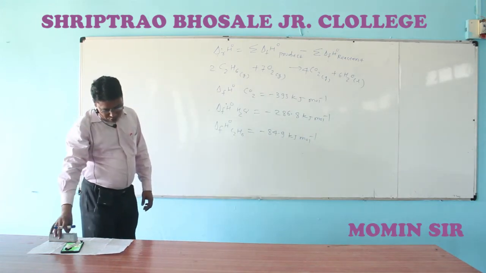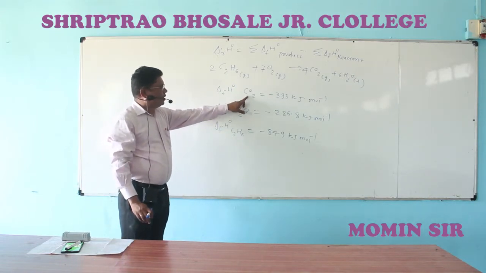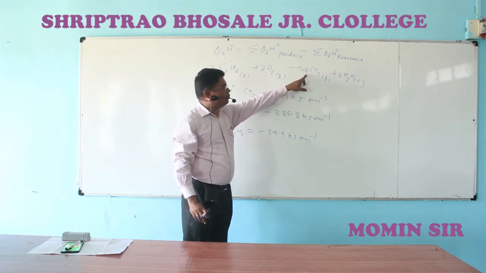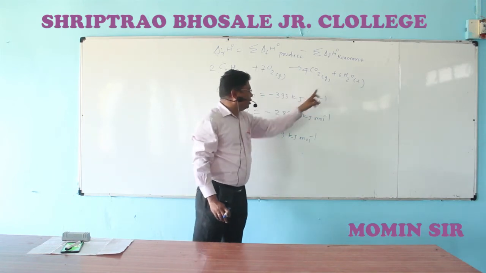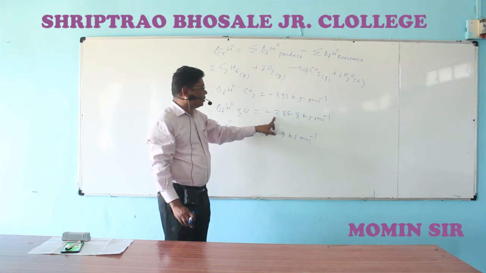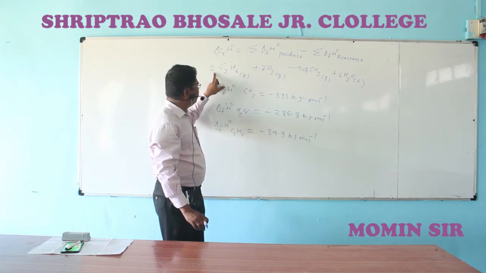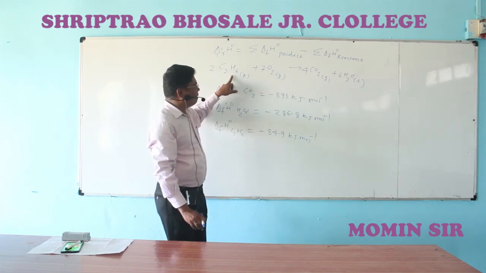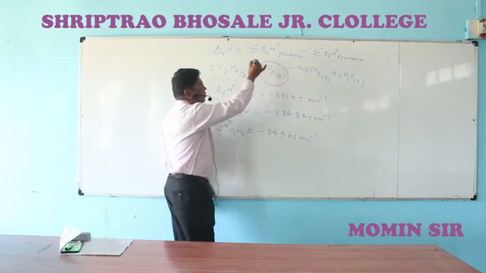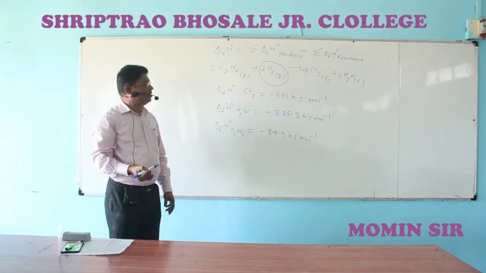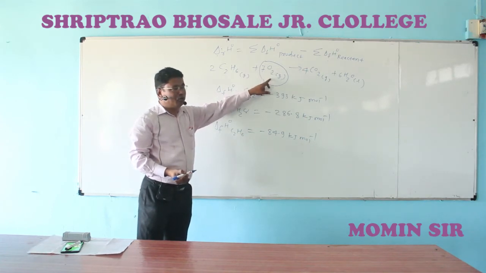When we put in the values, as there are 4 CO2, we multiply this value by 4. For water it is 6 H2O, so we multiply by 6. And C2H6 is multiplied by 2 because there are 2 molecules of ethane. The standard enthalpy of formation of an element in its free state is 0, so the value for O2 is 0.